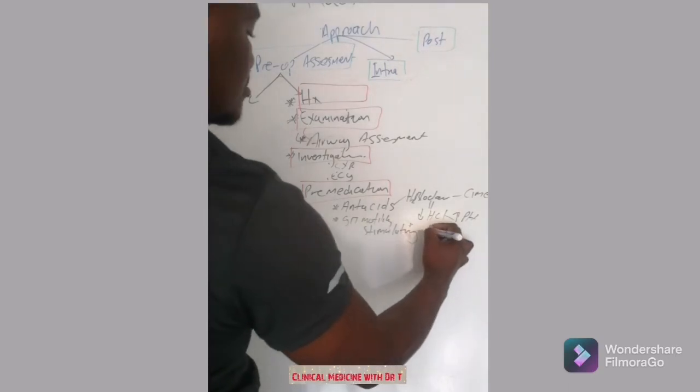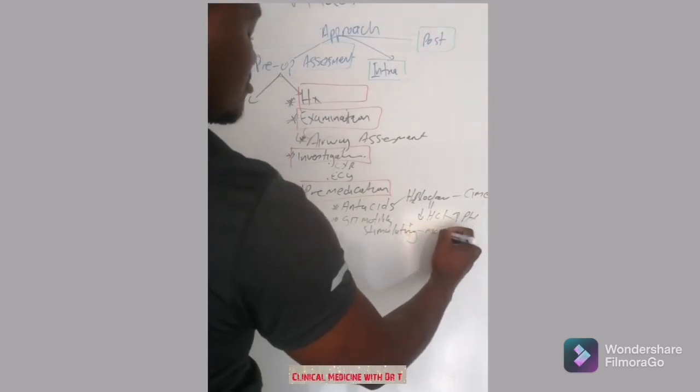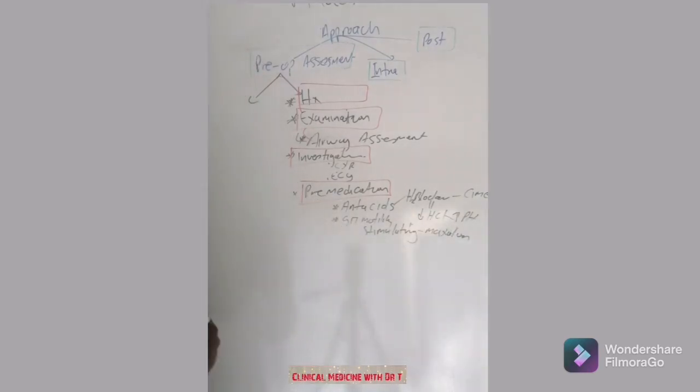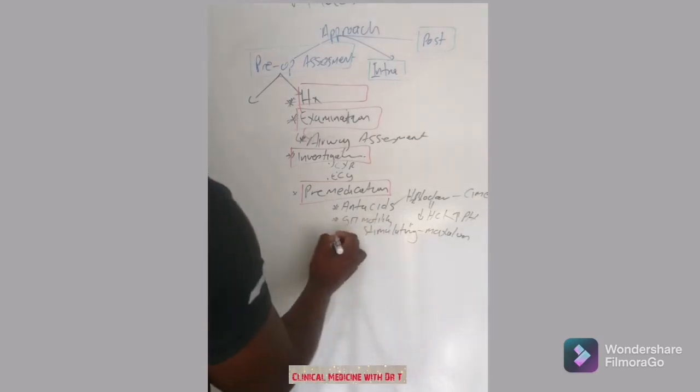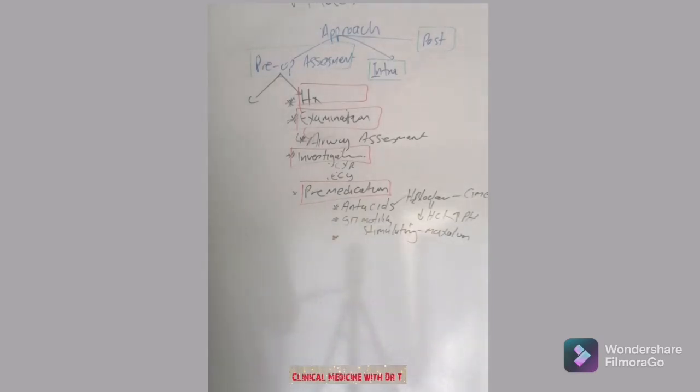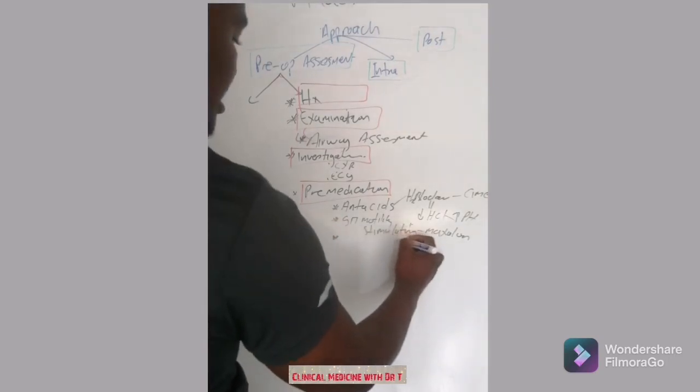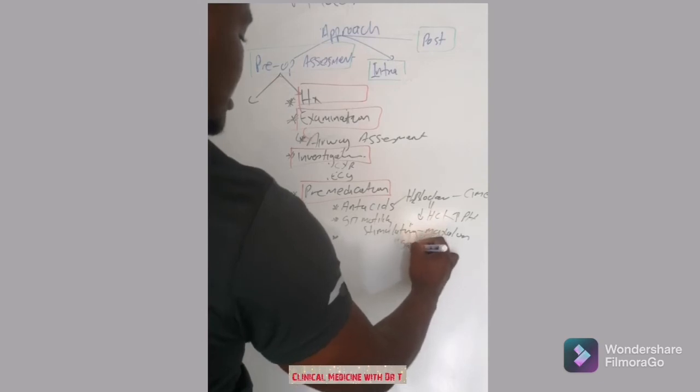The main one is Maxolon, or metoclopramide. So it helps with gastric emptying, basically.